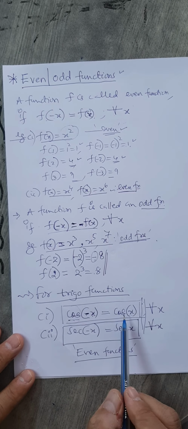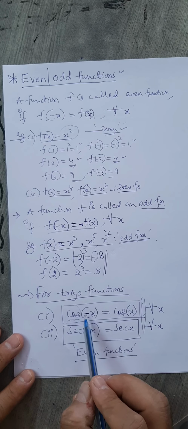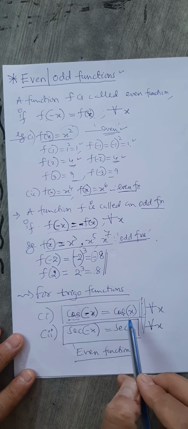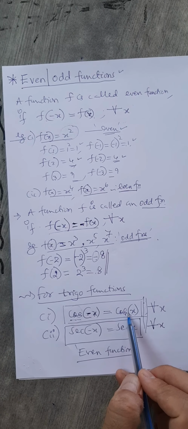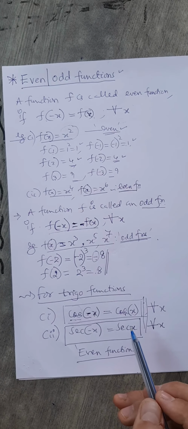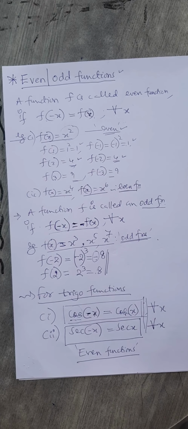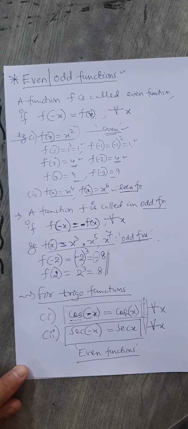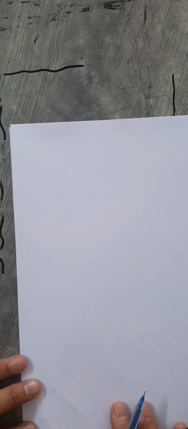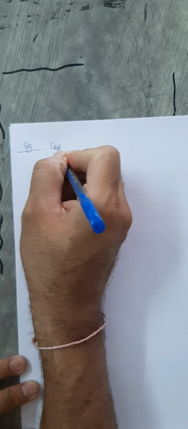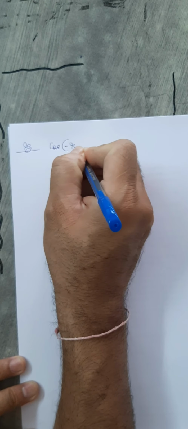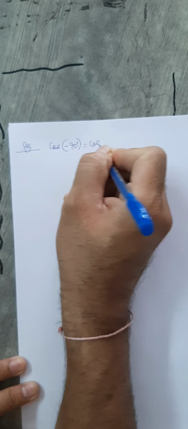What I'm trying to tell you, for example, if you find cos minus 90 degree, it is same as cos 90 degree. So here, if I go to next page, for example, if I find cos of minus 90 degree, it is same as cos 90 degree.